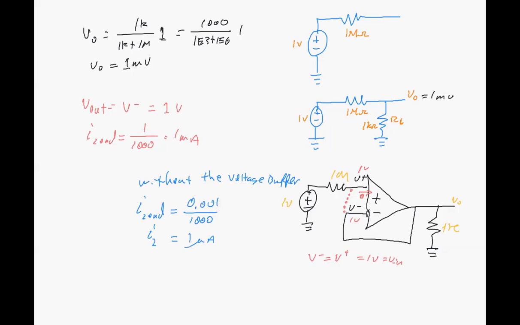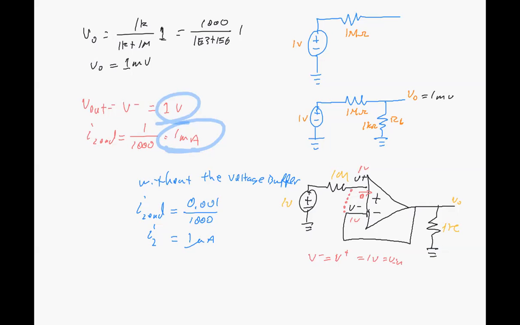So we've got a much stronger result here, 1 milliamp output current, 1 volt, much, much stronger than the result without the buffer, where we only had 1 millivolt here and 1 microamp.